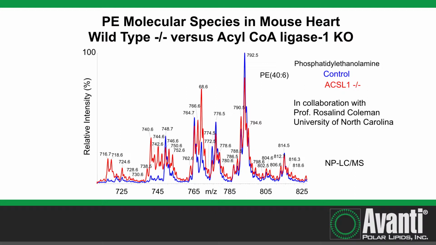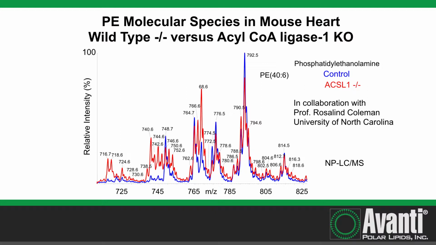But even if they were, there's really very little space for you to put very many of them. There's a few empty spaces, but not many. And in fact, every spacer either has a phosphatidylethanolamine molecular ion or its C13 isotopes present.